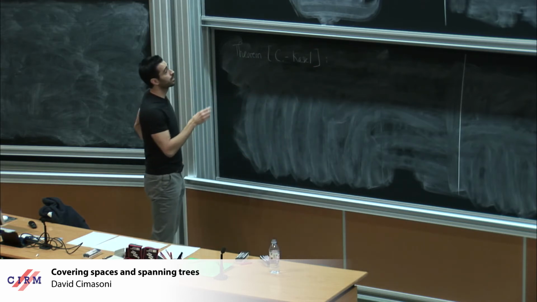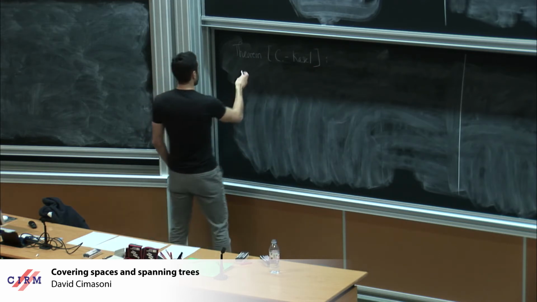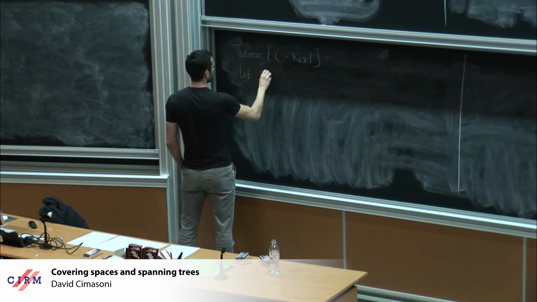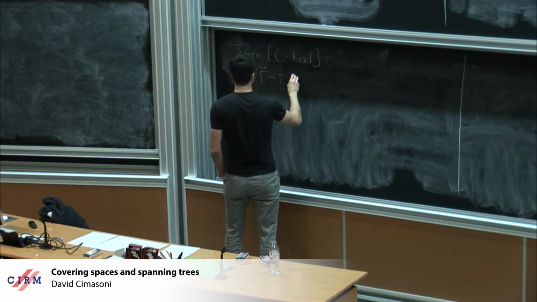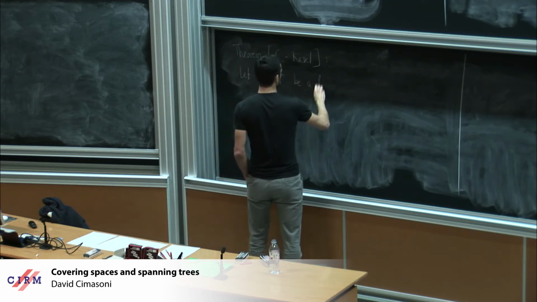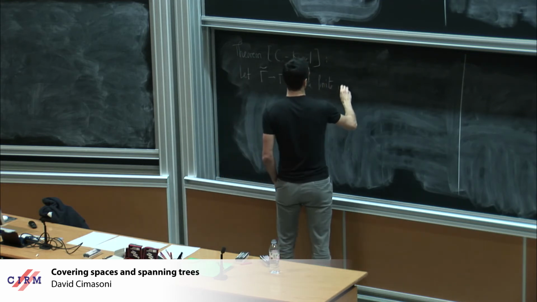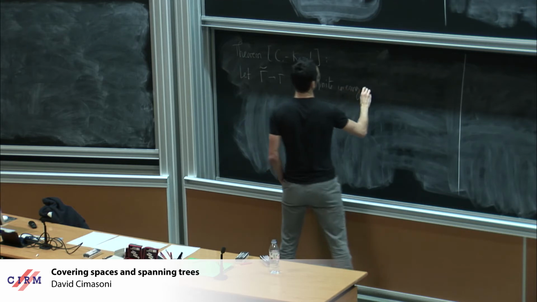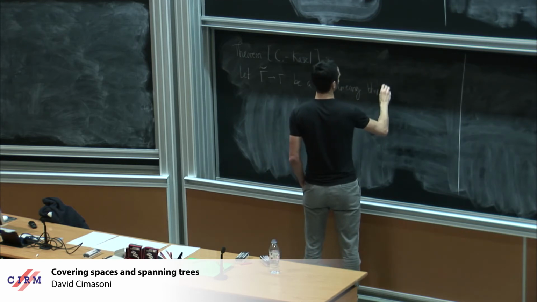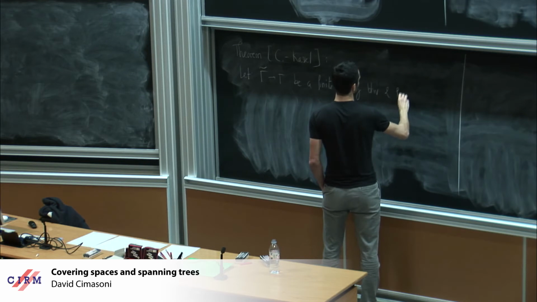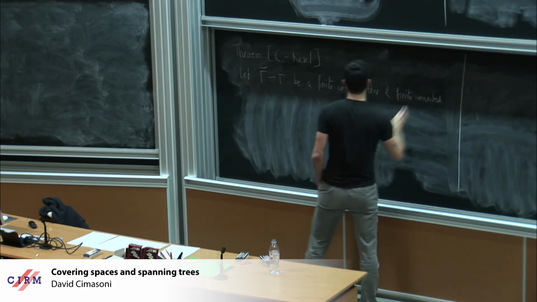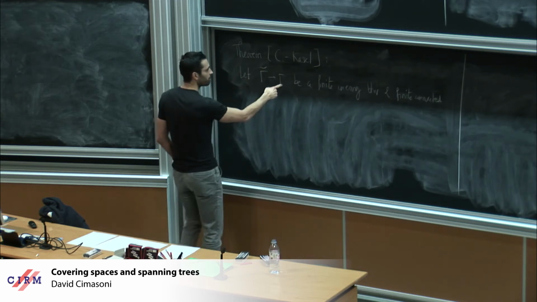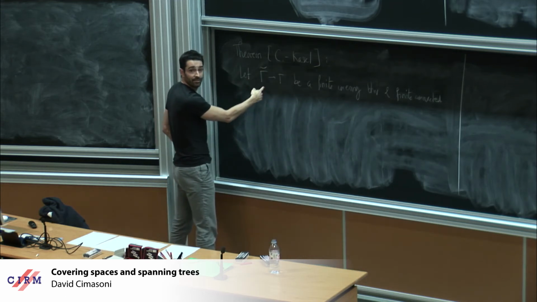So the theorem is, let this be a finite covering between two finite connected graphs. I'm going to say weighted graphs, okay? And I mean by this, I have put weights there and I lifted them for the other.